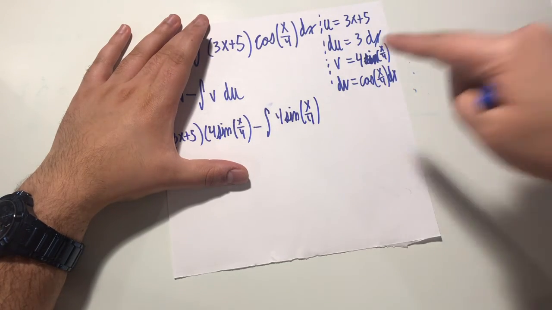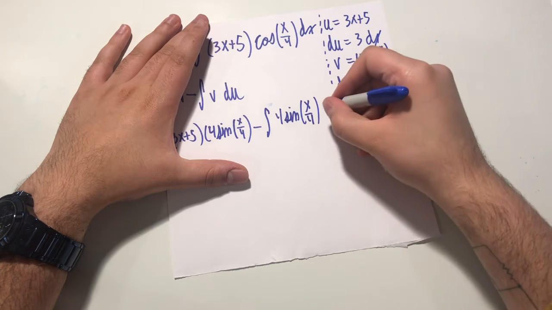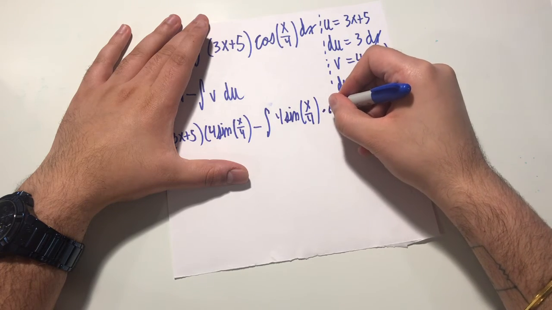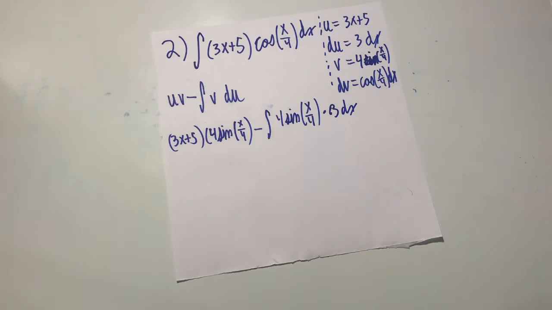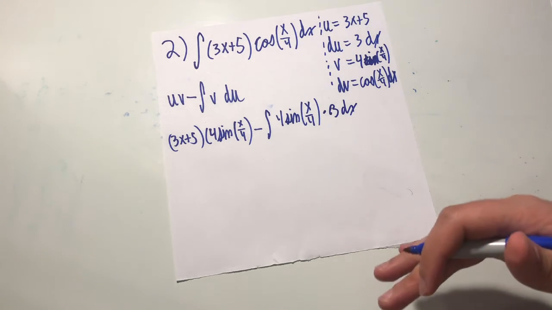Multiplied by du, which is 3dx times 3 dx. Now I'm just going to rewrite this. Anytime you see constants inside of your integral, bring them out.